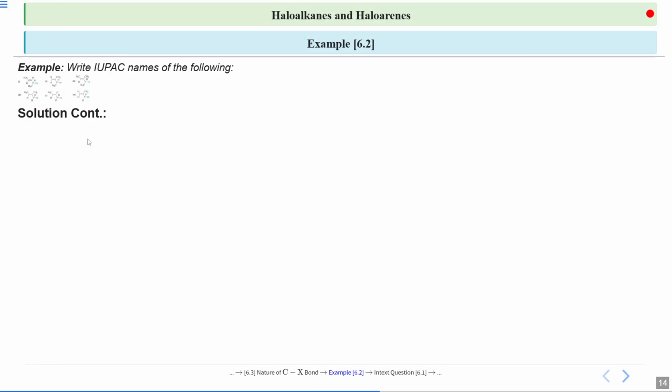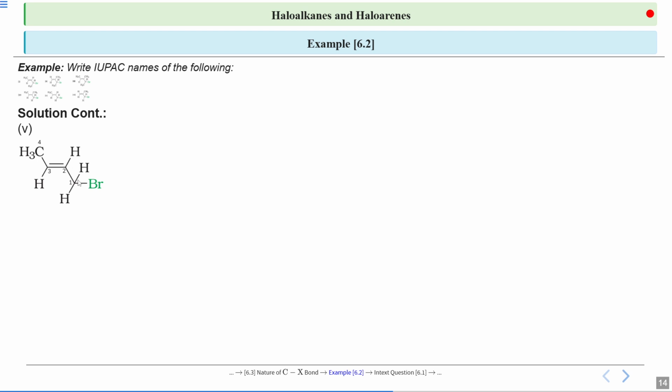Now let's see the fifth structure. The fifth structure is this one, and you have to select the parent chain, right? You can think that this structure is kind of similar to the fourth one, but no, it is different. How? Because at this place there was a methyl group in the previous structure, but here it is hydrogen.